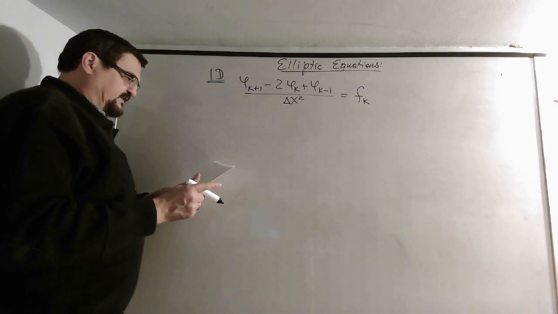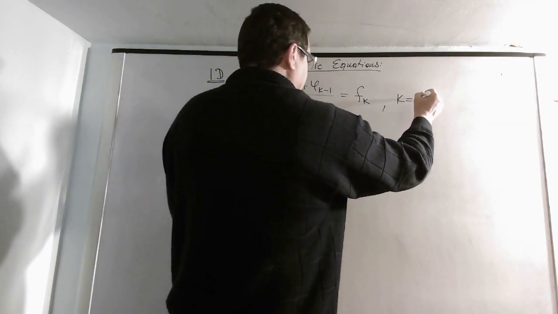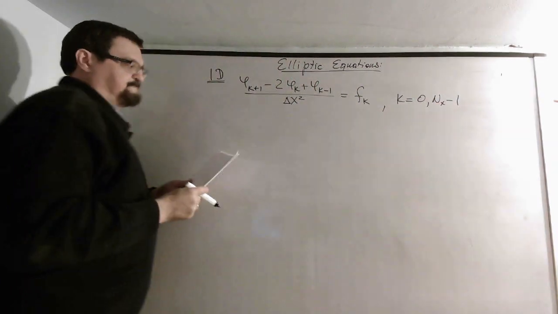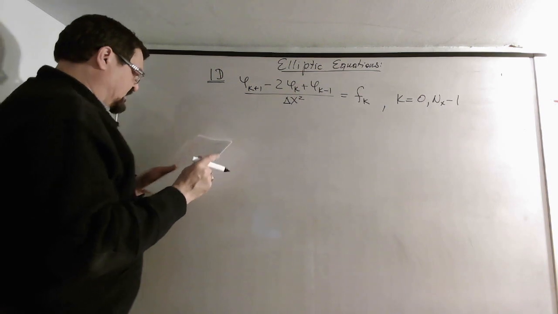Our k goes from 0 to nx minus 1, so we use zero indexing.